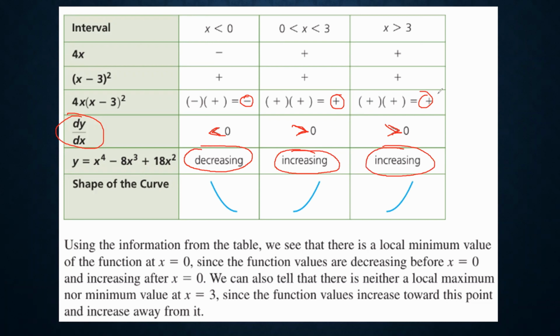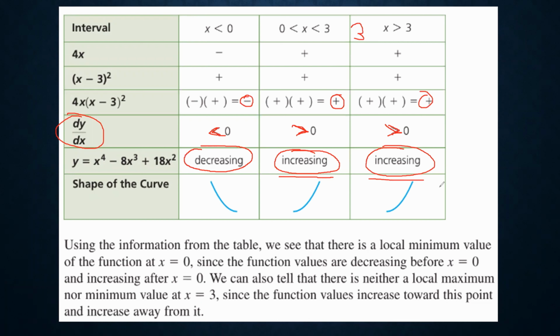So what I see right away is that when x is less than 0, my function is decreasing. When x is greater than 0 and less than 3, it's increasing, and when x is greater than 3, it's still increasing. But I had a critical point at x equals 3, and my function is increasing before and after x equals 3, which means there is no local minimum and no local maximum.